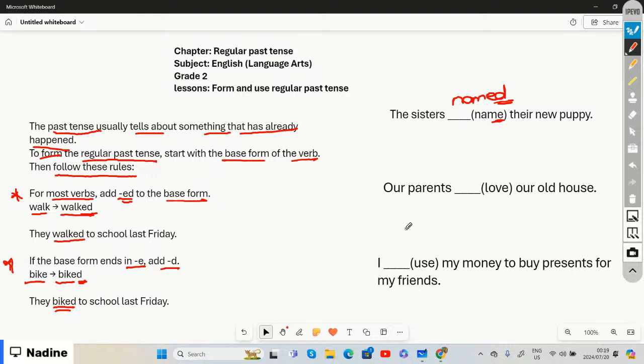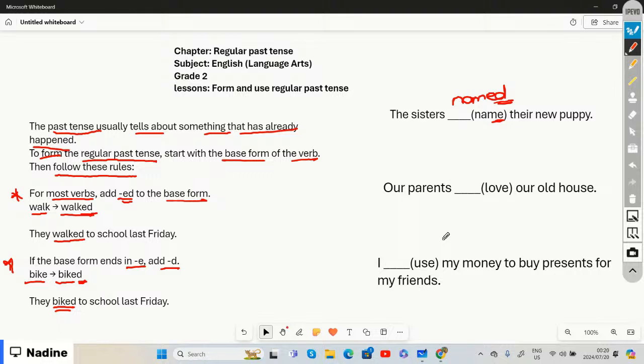Another one is our parents love our old house. We need to change that word. All right.